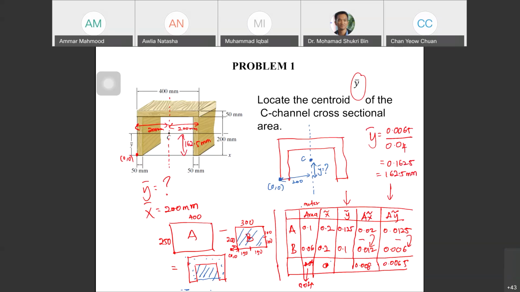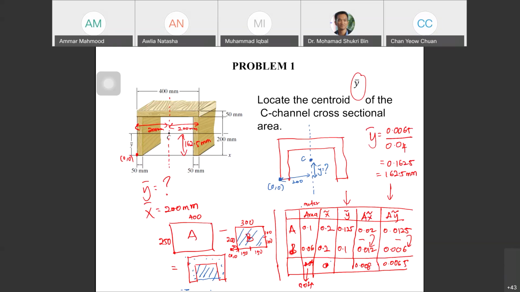So 0.04 you get from here, 0.1 minus 0.06, you get 0.04, and 0.0065 you get from here. We decided that we go for option 2, whole thing minus the hollow parts. That's why you get the minus.